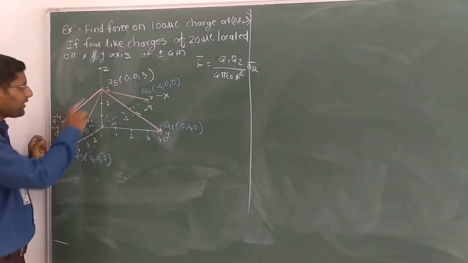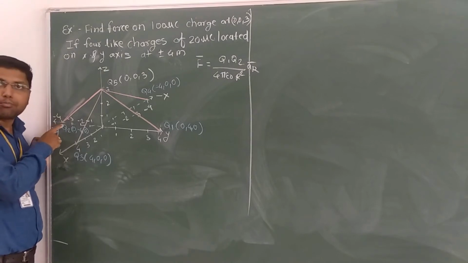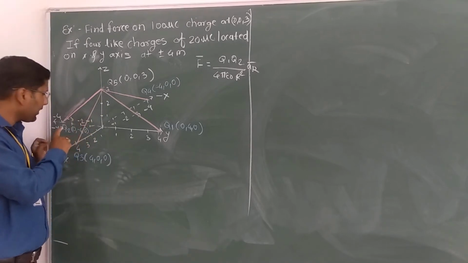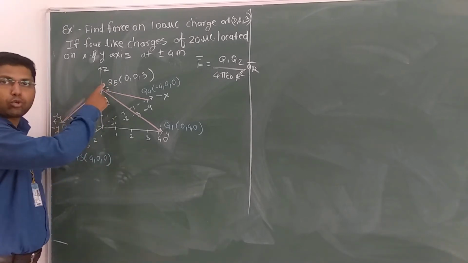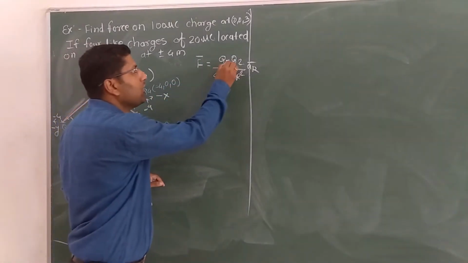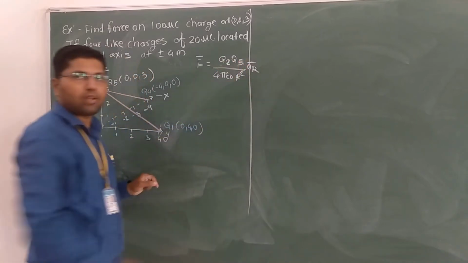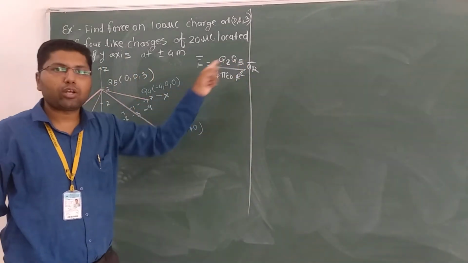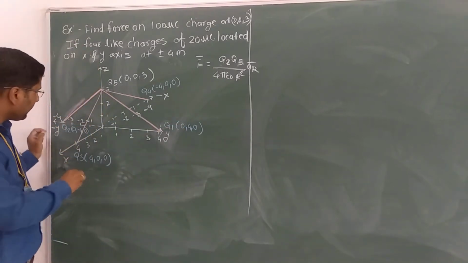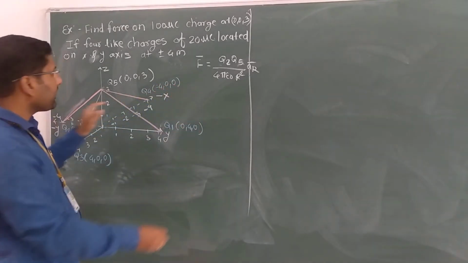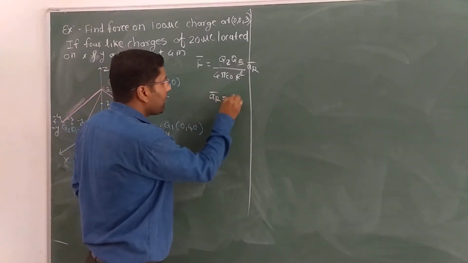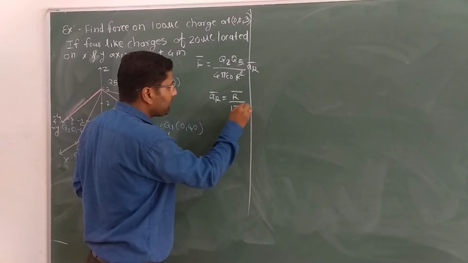Suppose I want to calculate the force applied by Q2 on Q5. What will I require? I will require the charges on both Q2 and Q5. I am taking only one example, Q2 and Q5. I also require a direction, because aR bar means R bar divided by mod of R bar.